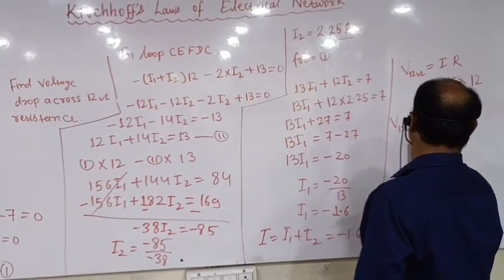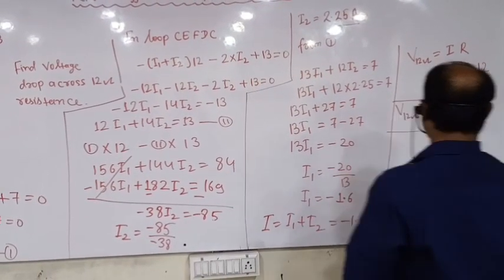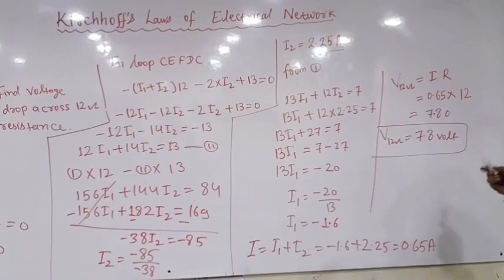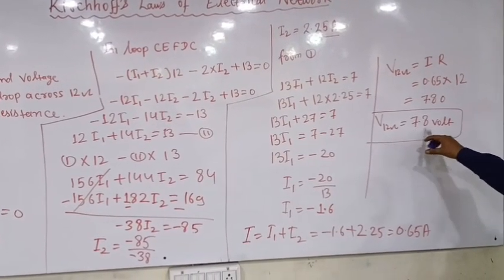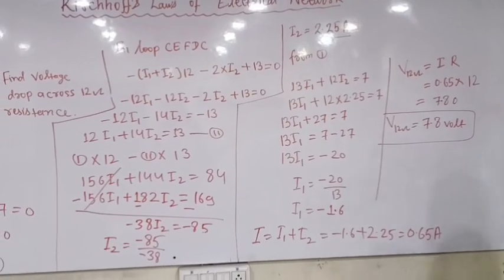V across 12 ohm is our resultant value. So the voltage drop across the 12 ohm resistor is 7.8 volt. Thank you, students.